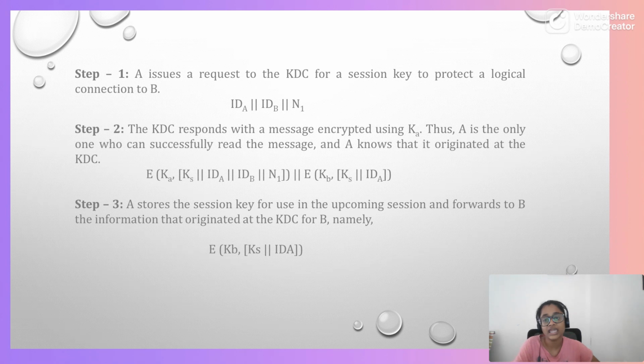Step three: A stores the session key for use in the upcoming session and forwards to B the information that originated at the KDC for B. So since A has the session key K, it will store it for further use, and then forward the information that originated at the KDC, which was supposed to go to B. It will forward that message to B. That's what we have shown here in the formulated way.